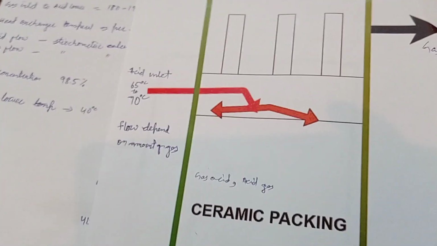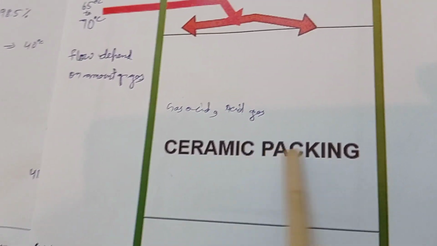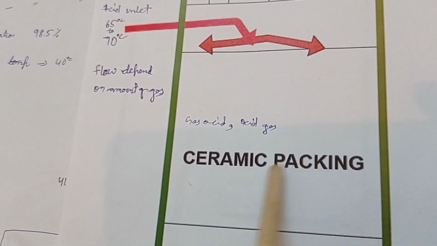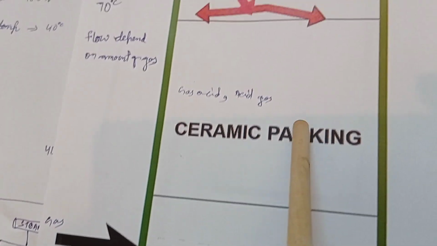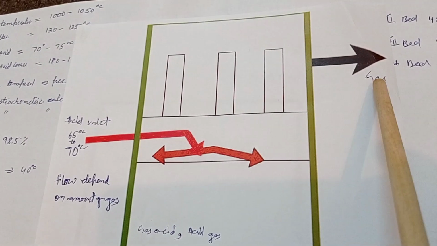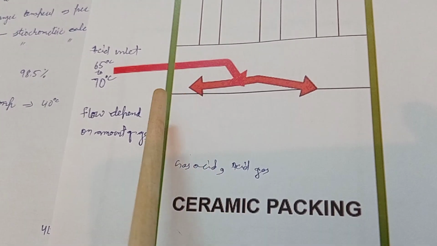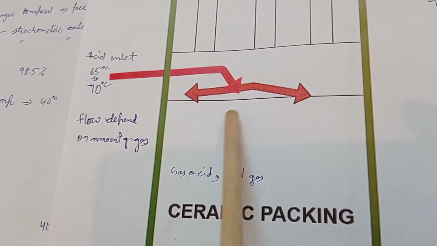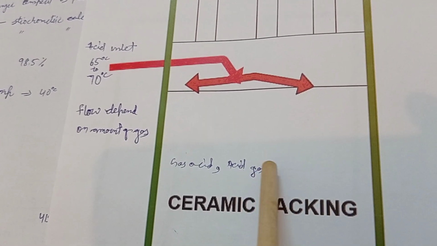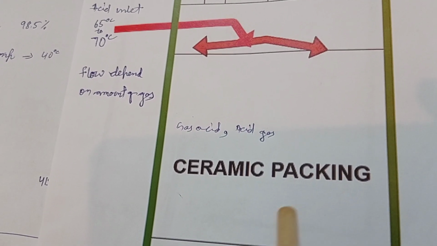This is the absorption tower. Inside the absorption tower we will have packing. These are all filled with ceramic packing, and from the bottom the gas will go like this, and here is called the acid distributor, in which acid gets distributed properly. So acid and gas mix very well in the ceramic packing.